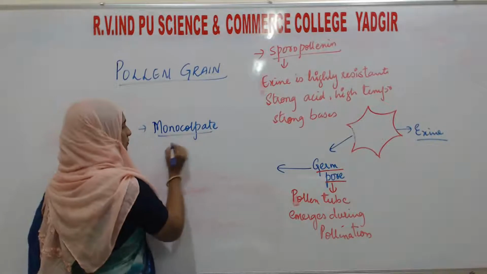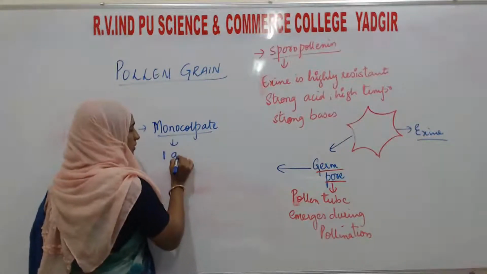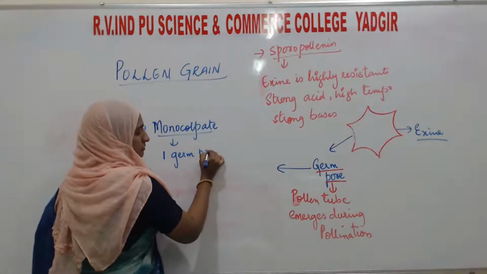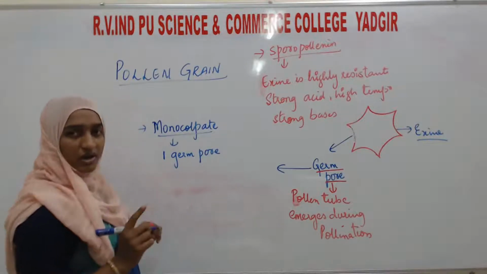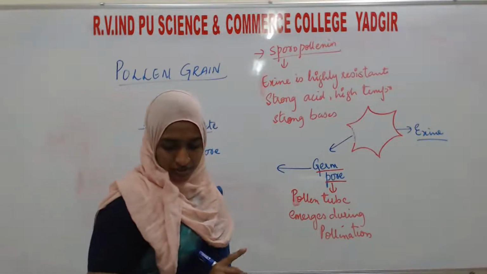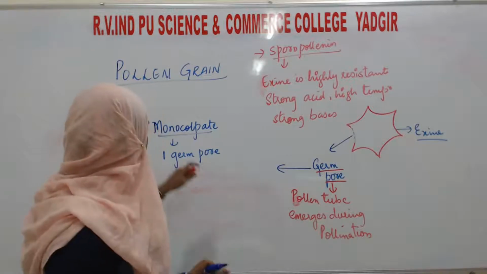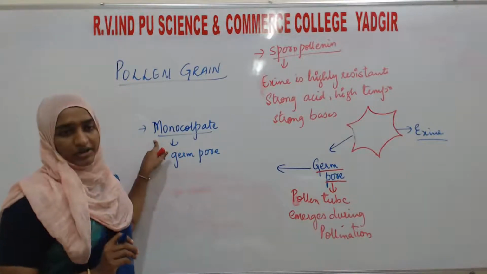Monocolpate means there is the presence of only one germ pore. If a pollen grain has only one germ pore, it is known as a monocolpate pollen grain.